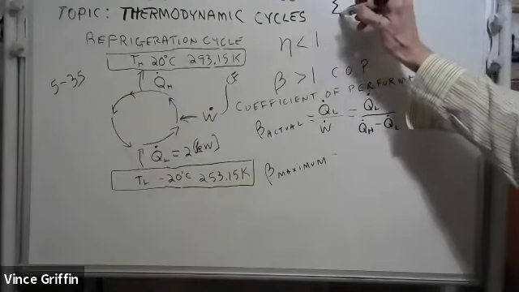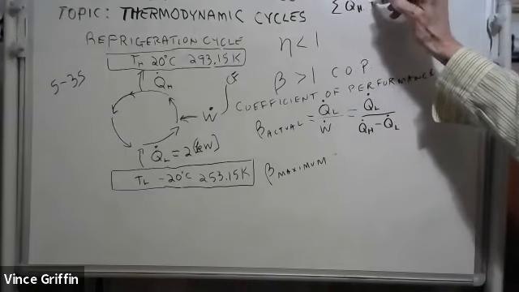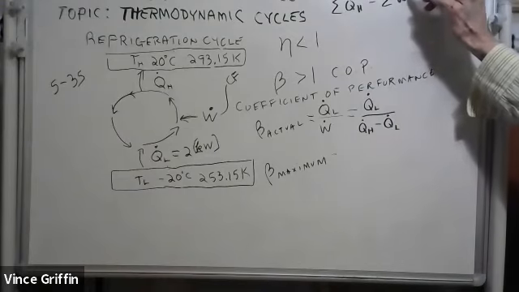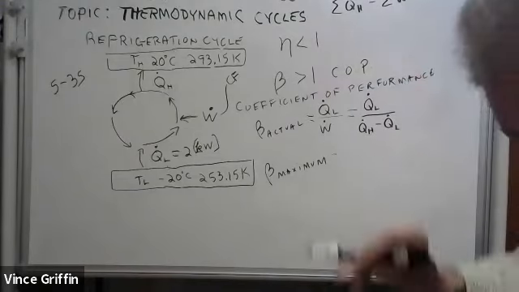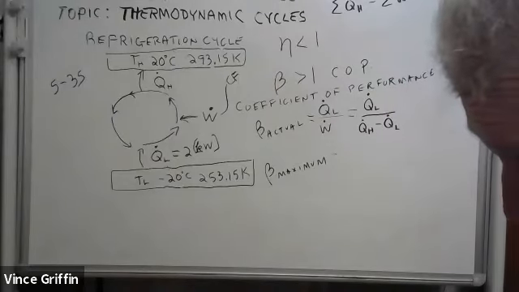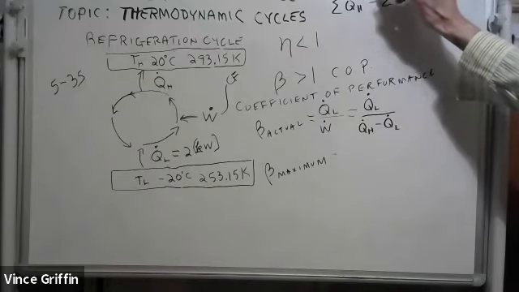Here, I'll write it for you up here. This is a form of the first law of thermodynamics, and it works for cycles. You got to have a cycle to write this equation, but we do.